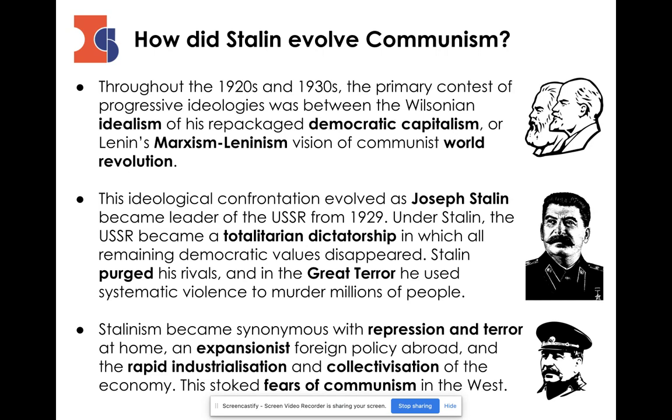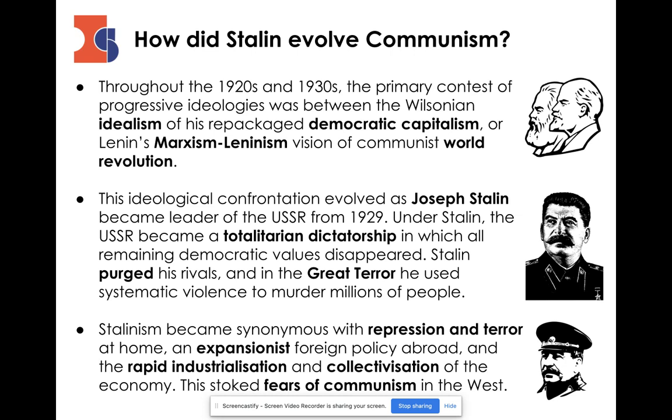Although you may be thinking that communism or socialism had a very utopian vision, the ideology did evolve in the 1920s and 30s, to the point where communism became associated with a sinister dictatorship, a sinister authoritarianism. The reason for that would be the rise to power of Joseph Stalin in the Soviet Union.